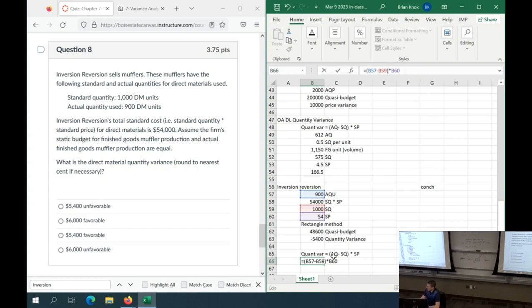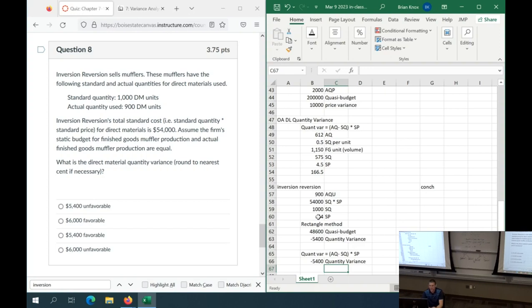Okay, so I've just recreated with the cells what is in the equation here. Actual quantity used, B57, minus standard quantity, B59, and that difference multiplied by B60, which is standard price. And we again get the same negative 5,400.